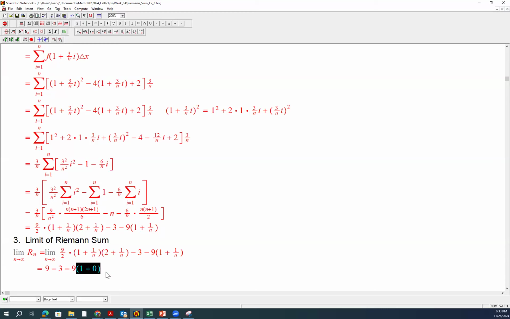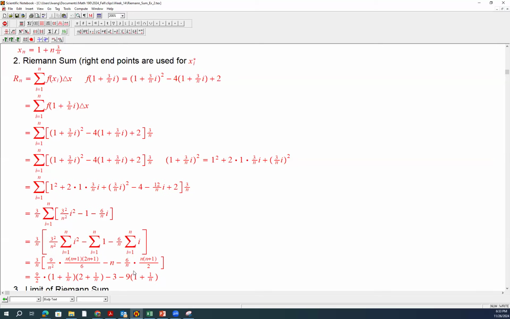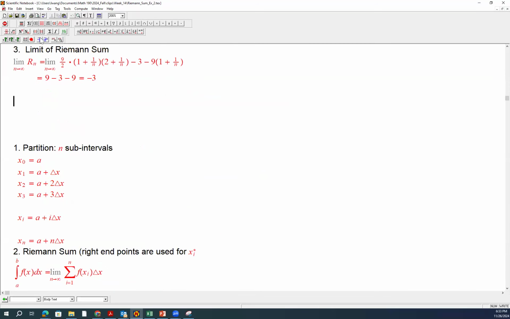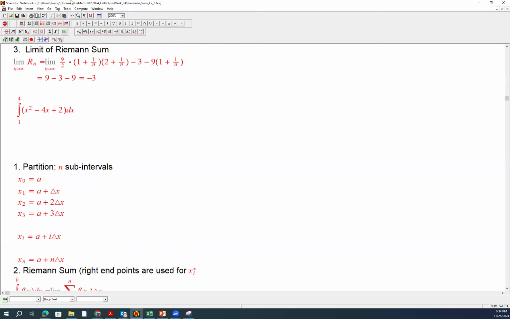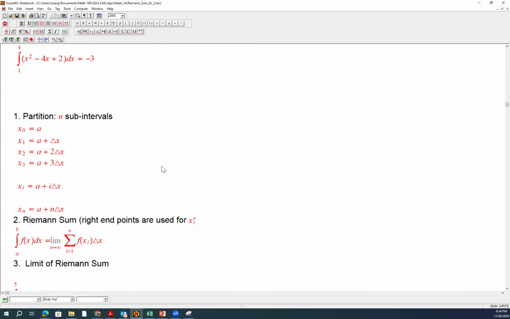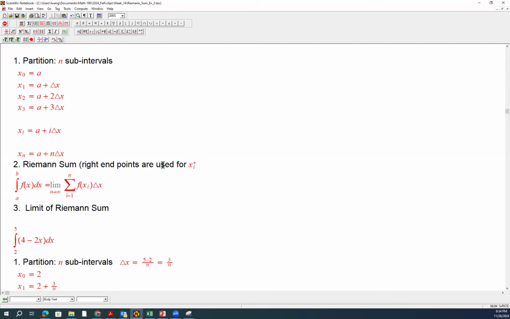And this is 9. So in the end it is -3. Finished. In other words, we should have a closure. That closure is that the limit equals -3. Okay, so that was the second question in our plan.